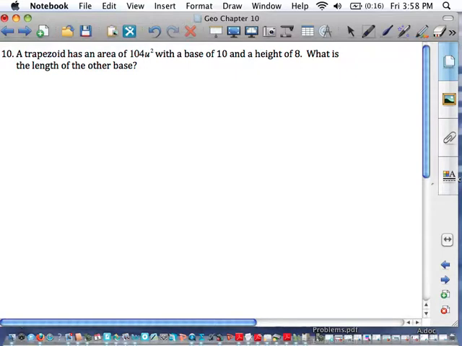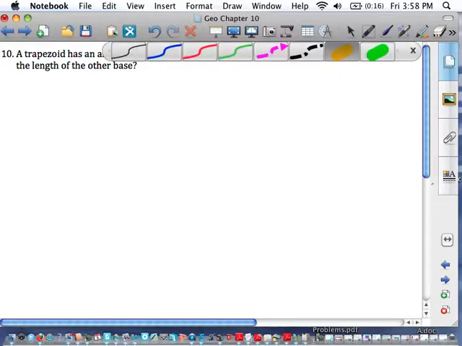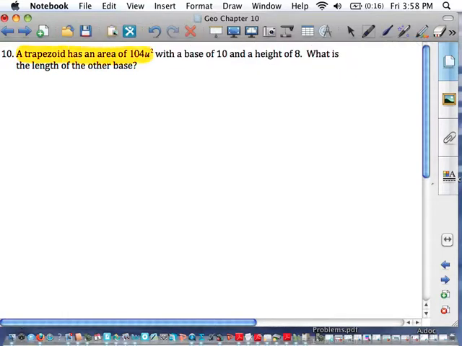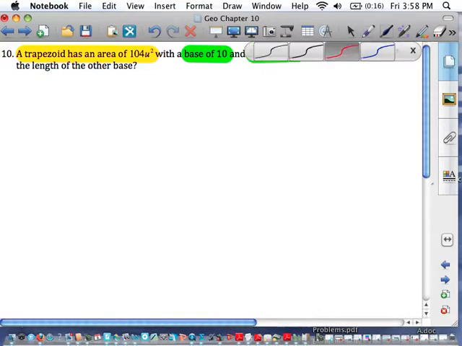Number 10 says that a trapezoid has an area of 104 units squared, and one of the bases is 10, the height is 8, and you are asked to find the length of the other base. So again, start with the formula.